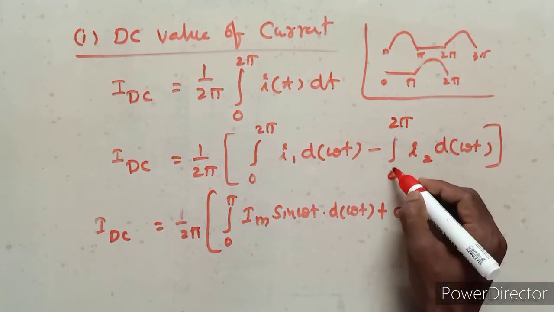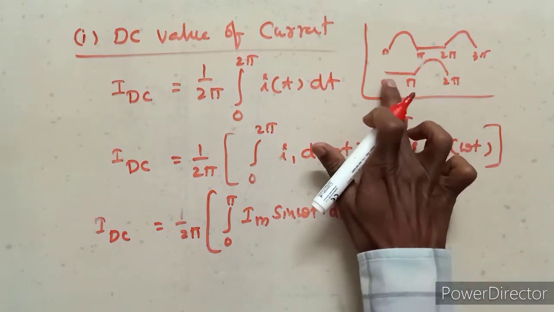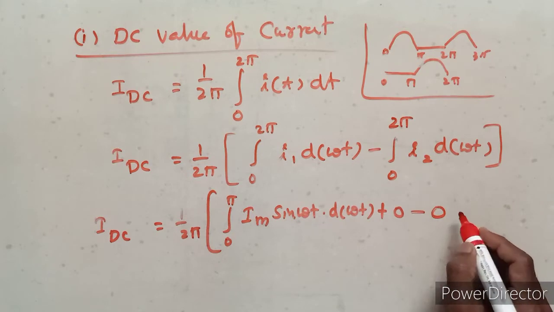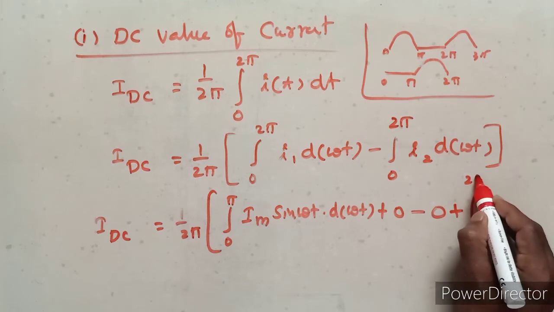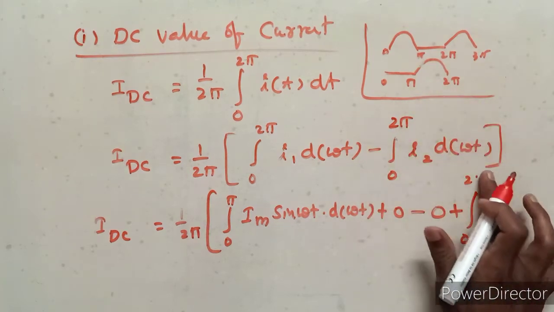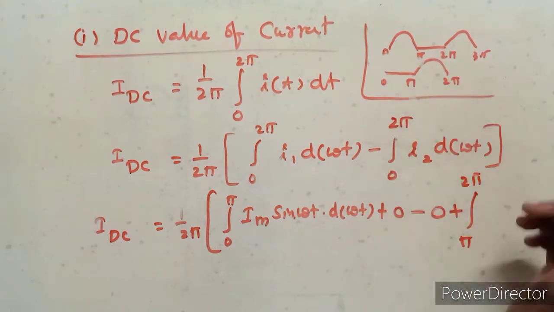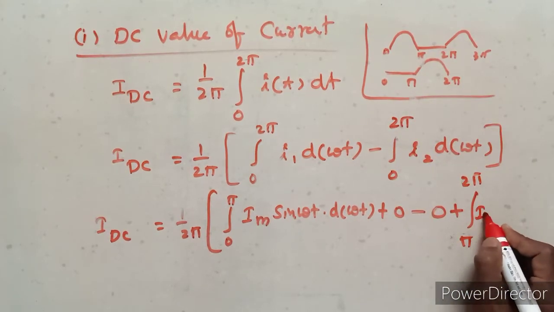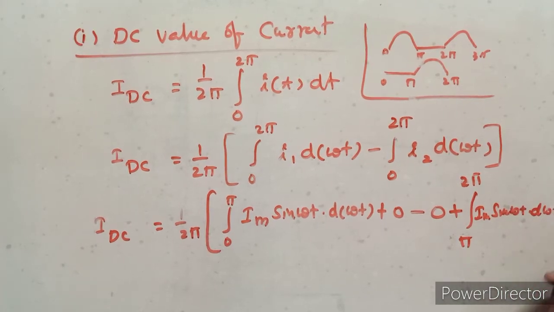Next, this value: integration 0 to 2 pi, first does not allow so 0, plus integration pi to 2 pi allowed, that is Im sin omega t d omega t.